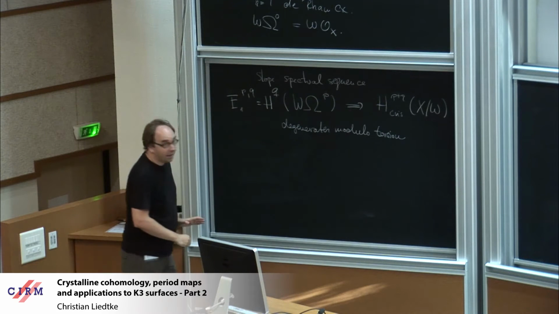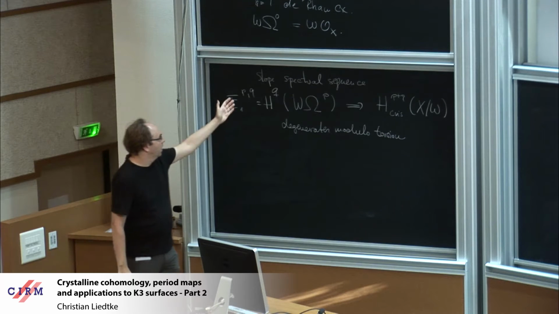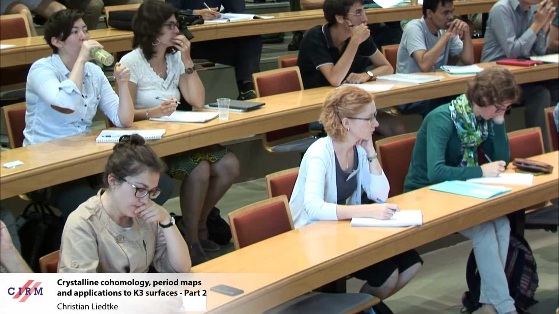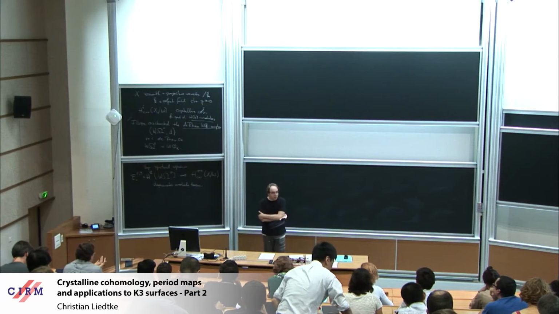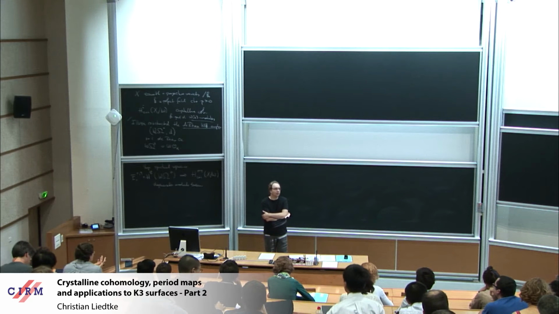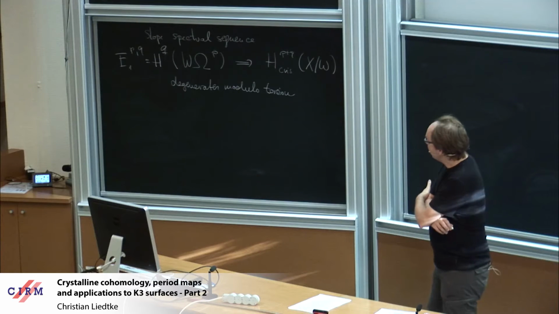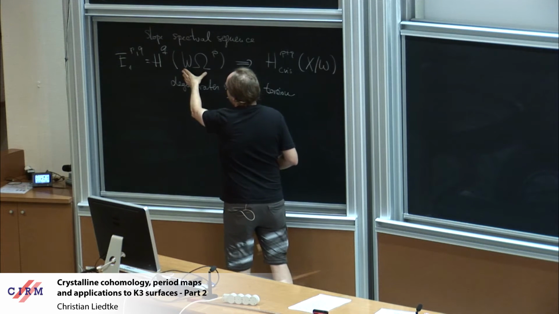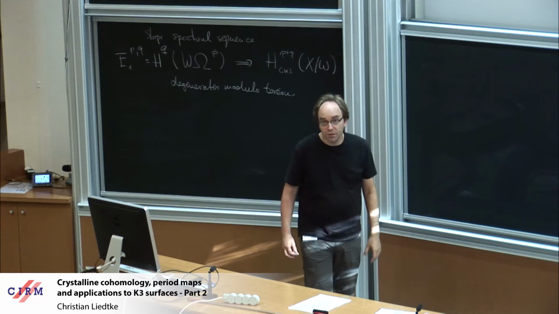I should say that even in very nice situations, for example, if X is a hypersurface of degree 4 in P^3, then it can happen that this spectral sequence does not degenerate at E1, if you include torsion. So the point is that these cohomology groups, they may not be finitely generated as W-modules.